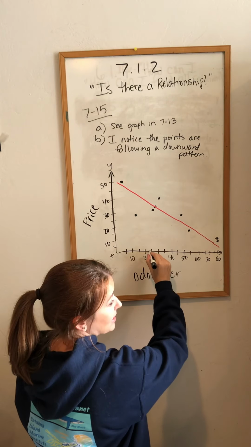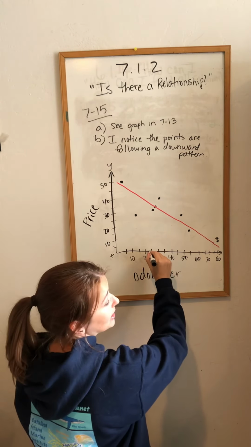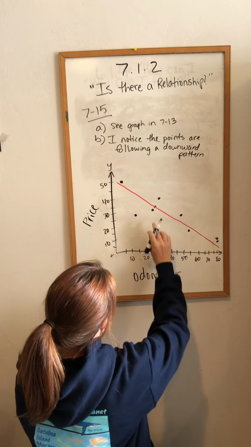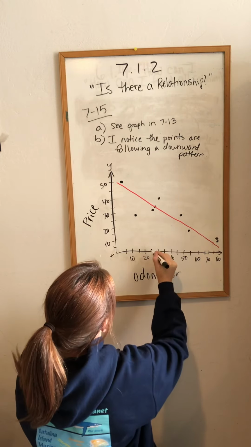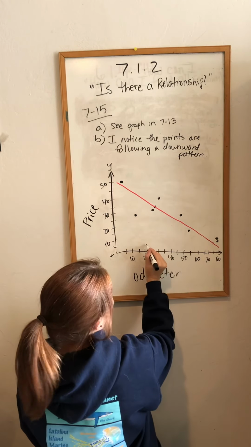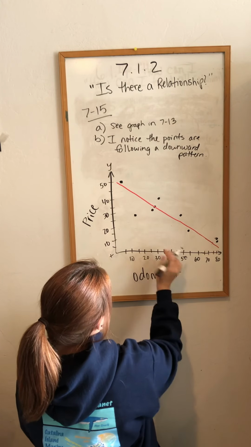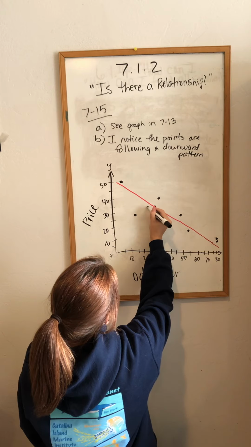Now I'm going to make my prediction of where I think the price would be. I'm going to put it where my dots are up here because it's following that downward pattern. I wouldn't put it way up here because that doesn't match the pattern, and I'm not going to put it way down here because that doesn't match the pattern either. So I'm going to put it maybe right here.